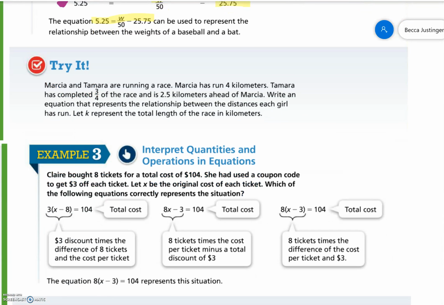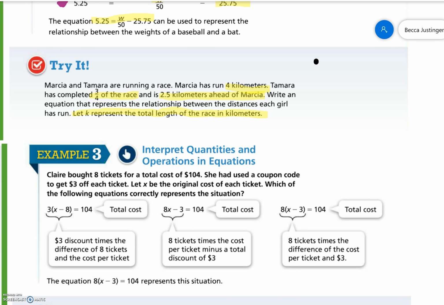Try it. Marcia and Tamara are running a race. Marcia runs 4 kilometers. Tamara has completed 3/4 of the race and is 2.5 kilometers ahead of Marcia. Write an equation that represents the relationship between the distances each girl runs. Let K represent the total length of the race in kilometers.